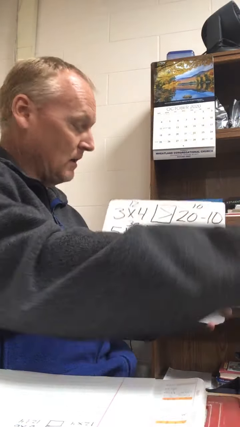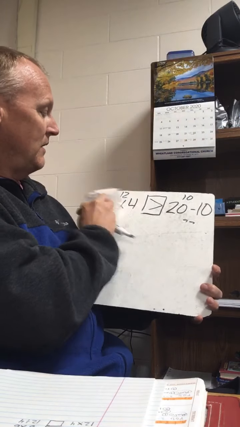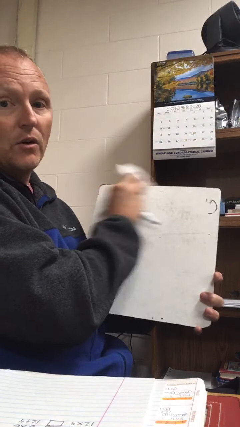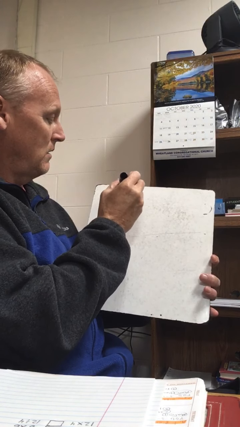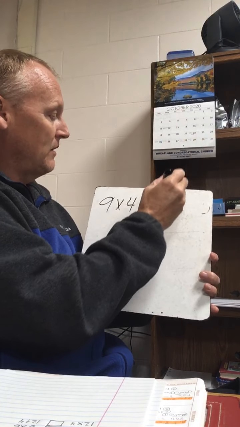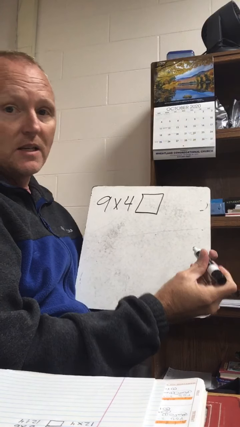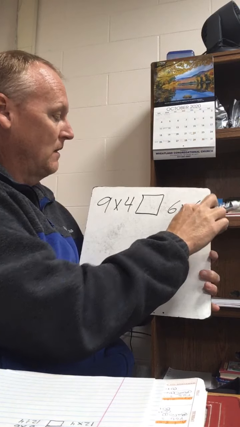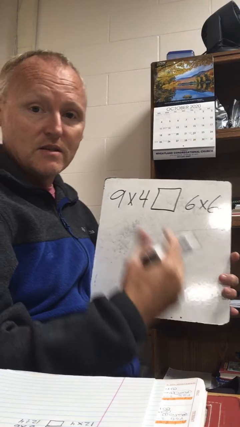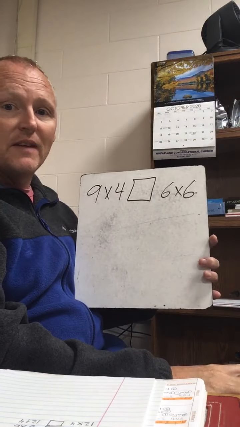Okay, let's do a couple more, and then you can think of some others to practice on your own. Okay, let's do 9 times 4 being compared to 6 times 6. Okay, once again, let's pretend you know your basic facts.